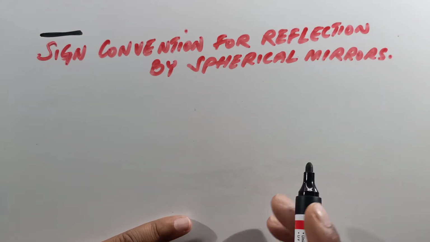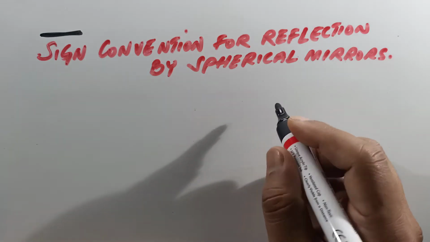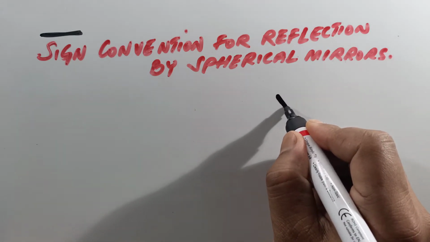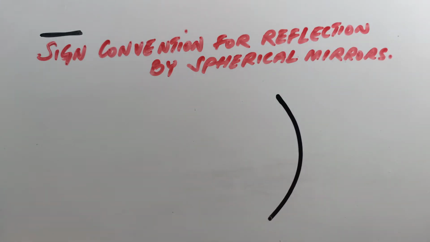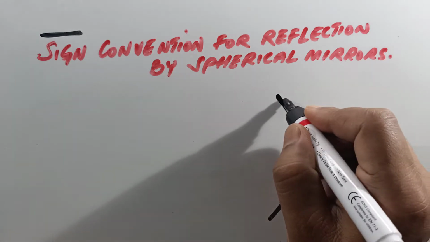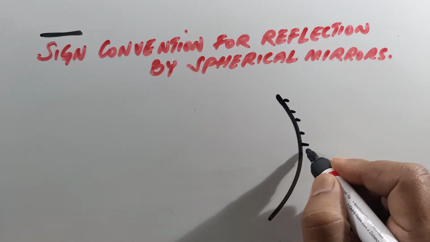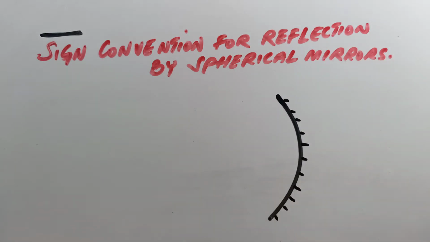Now, in order to understand the sign convention, let me draw a concave mirror, right? Please keep in mind, this convention is true for a concave mirror or a convex mirror. This is the painted surface. You know that a concave mirror is a spherical mirror in which the reflecting surface is bending inwards.